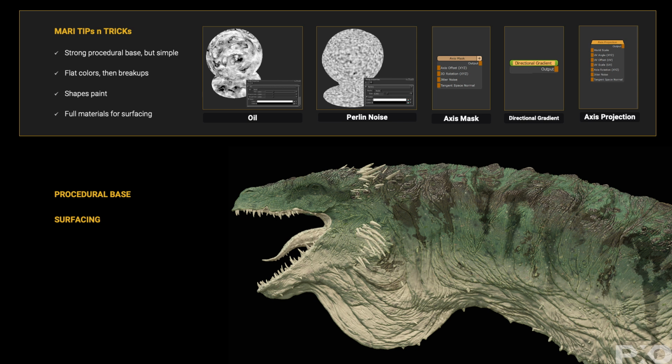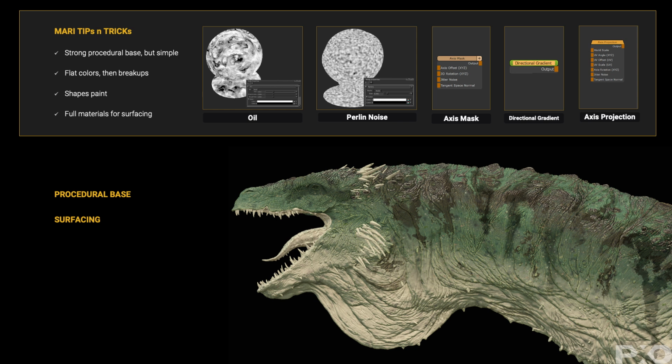So if you are well organized with it, the moment that you need to come back to change something, you know where to put your hands, where to find your stuff. So you need to keep it simple, and also because you don't want to overwhelm your node graph with too much stuff, and then you get lost.